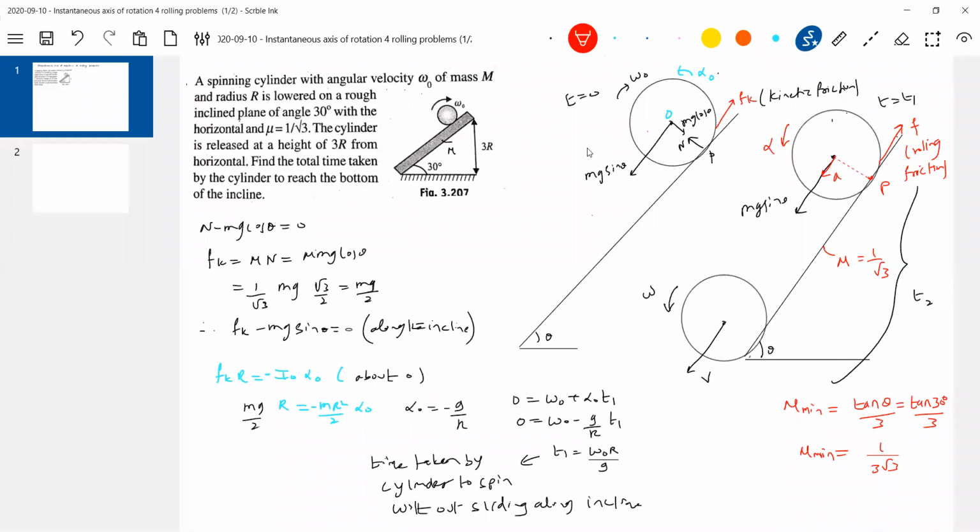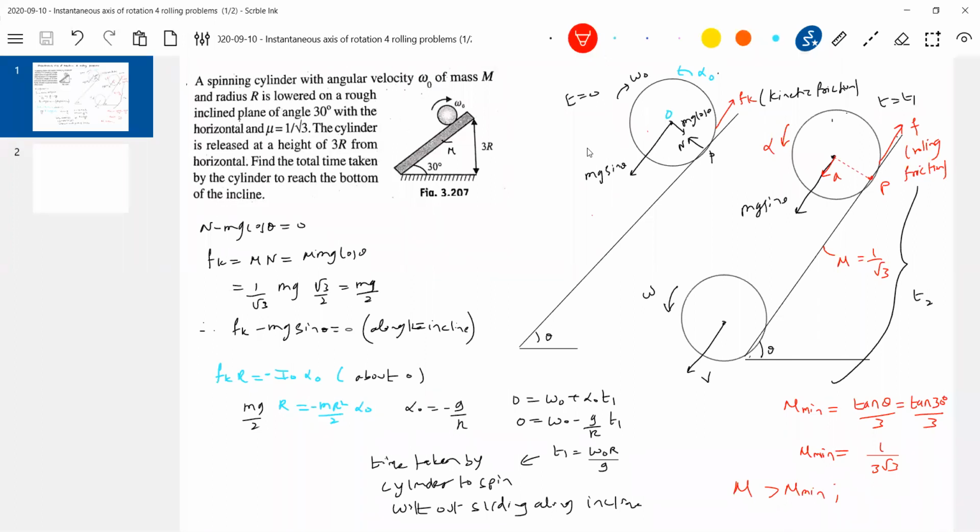So is the mu greater than mu minimum or less than mu minimum? It is in fact greater than mu minimum. This is very important. Please try to understand the concept I am trying to reflect here. If the mu of the inclined plane is less than mu minimum, slipping will occur, whatever you do.